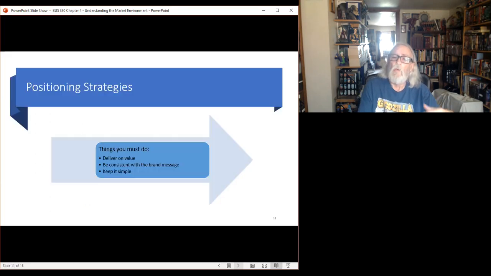So when we've identified the segment, we've segmented the market, we've started to make our plan to target it. Part of that targeting is how do we position ourselves? A positioning strategy is exactly that. It means how are we saying what we are, how we can deliver? Are we saying we have the best quality? Are we claiming to have the lowest price? Are we saying that we have the best service?